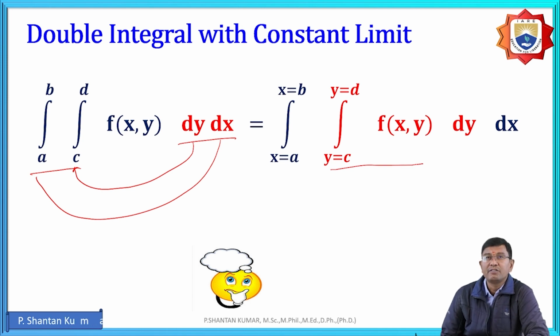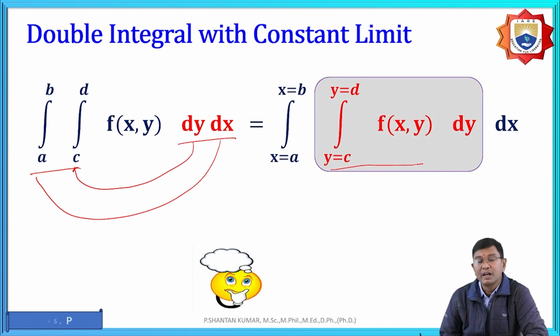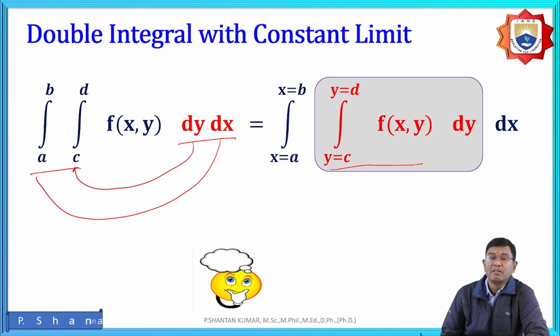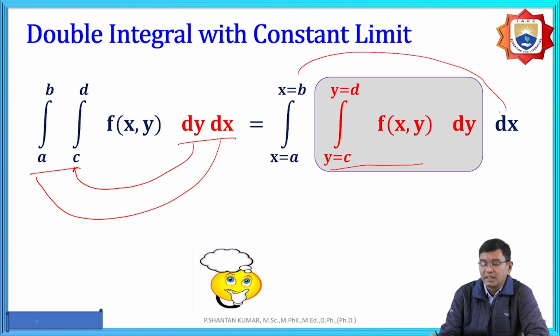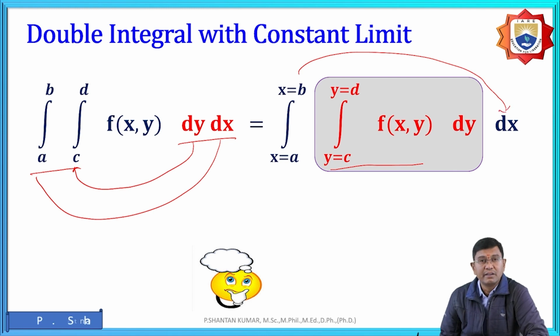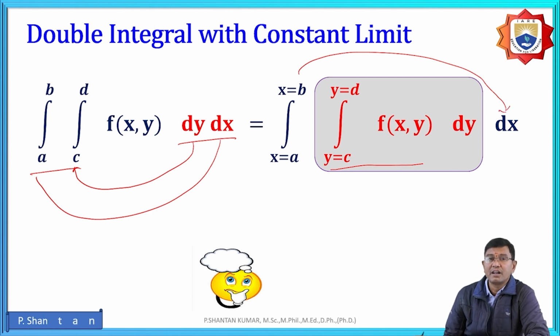We need to integrate first with respect to dy. And again after calculating this, we need to integrate with respect to x is equal to a to b, that is dx. This is the meaning: whenever the x limits or y limits are not given particularly, at that time we need to assume the inner one first, and after that with respect to y.